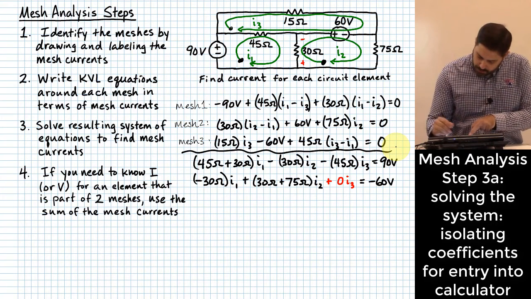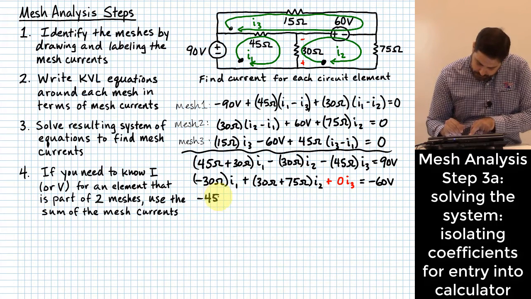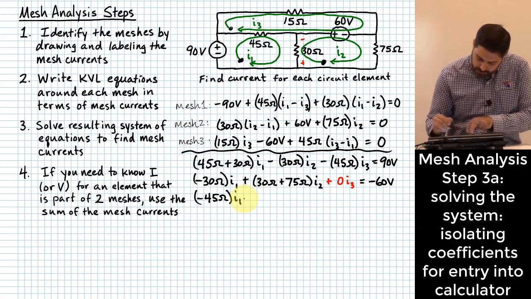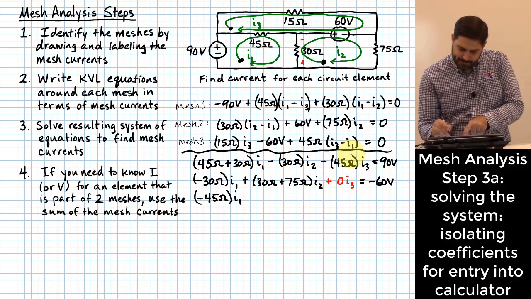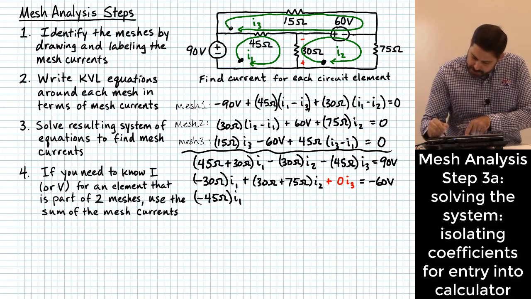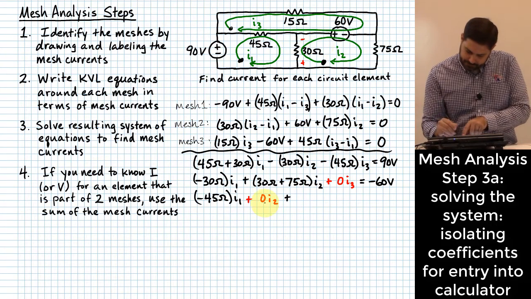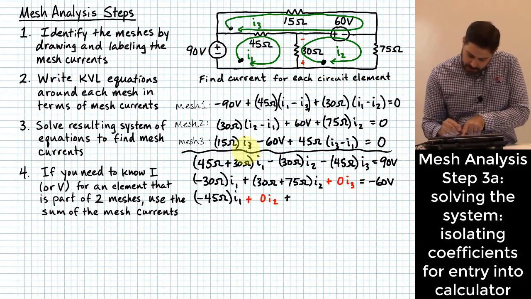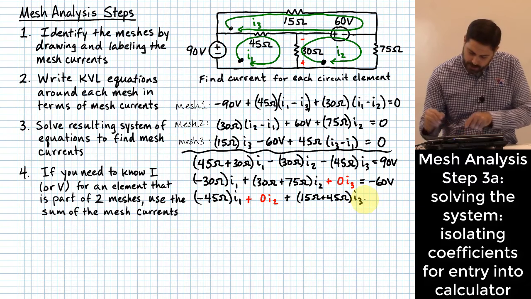Okay, make a little squiggle right here so that we can keep separate what we're doing. All right, the last one, I'm going to have negative 45 ohms, I1. Okay, do I have any I2s? Okay, I do not. So I'm going to say plus 0 I2. All right, plus, and then I have my last one is going to be 15 ohms plus 45 ohms, I3.